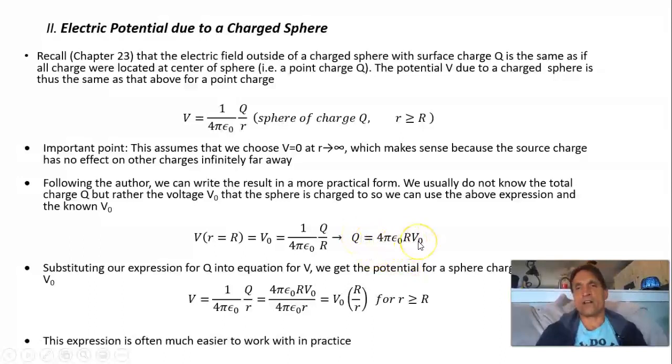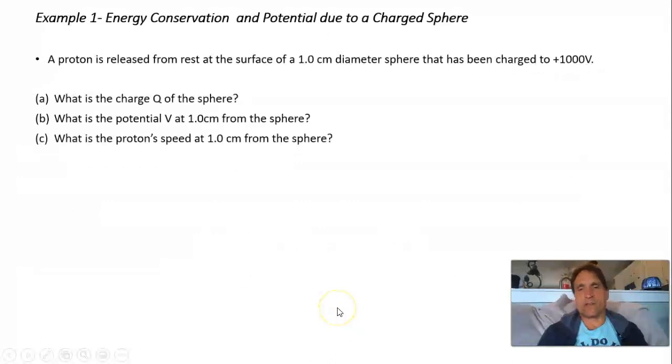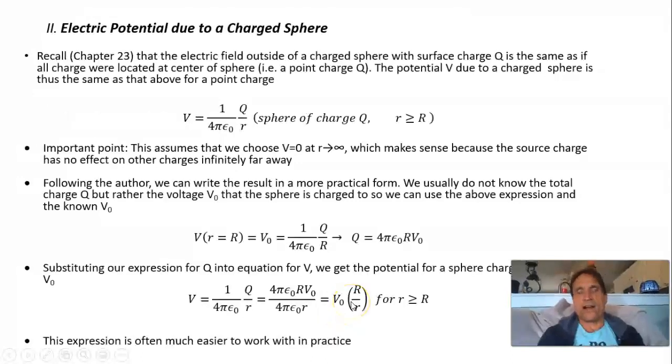It only depends on the voltage to which we charge and the radius. Now we can plug this in for big Q and get rid of it in the equation, and we get another expression which is often more practical.